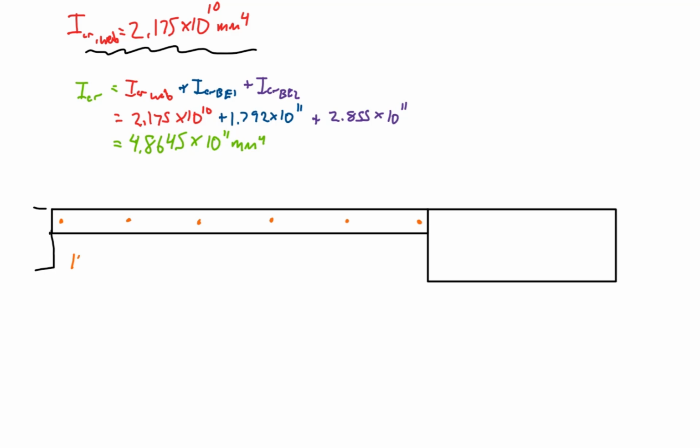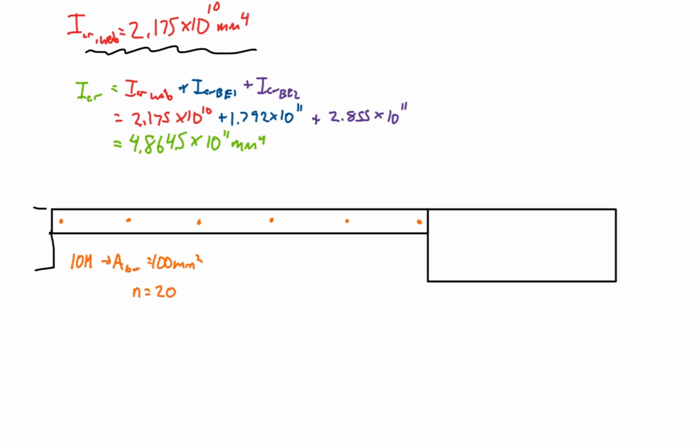Now, since these are 10M bars, they each have an area of a bar of 100 square millimeters. We'll put that in there, and you'll recall that using the stiffness we looked at before, our modular ratio n is equal to 20.